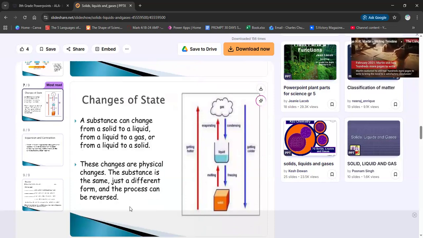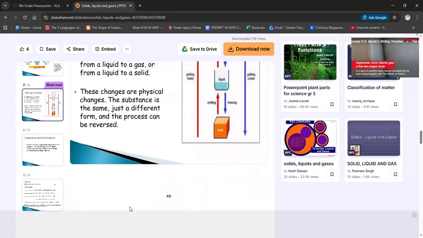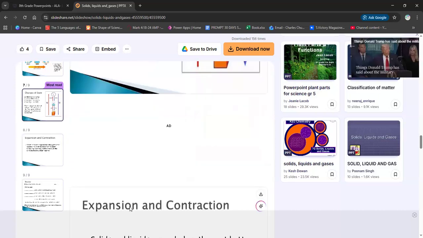When you remove heat, gas becomes liquid, and when you keep on removing heat, liquid will become what? A solid. So just remember that adding heat would move a solid to a liquid and a liquid to a gas, while removing heat would take a gas back to a liquid, and then if you keep on removing heat, the liquid will now become what? A solid. Did you get that?